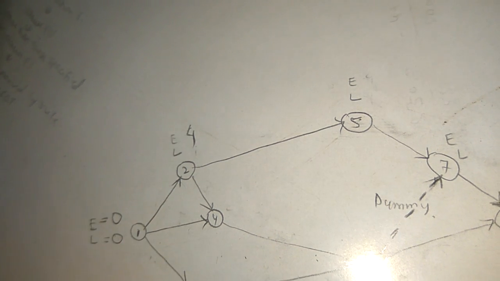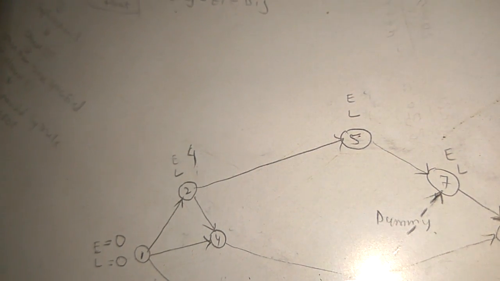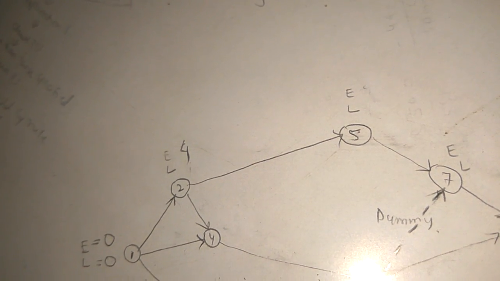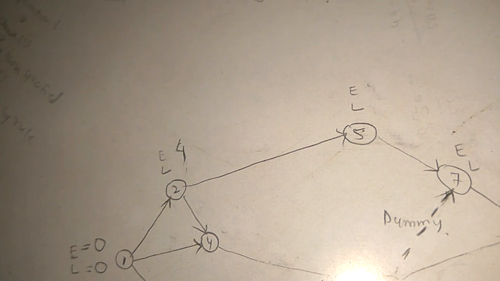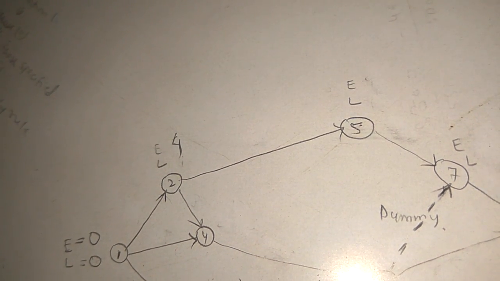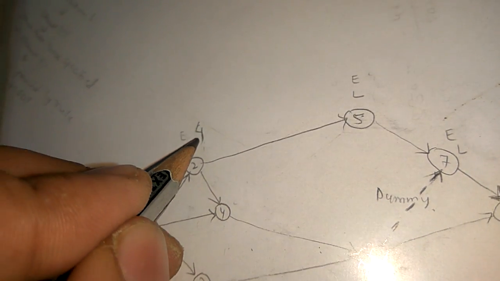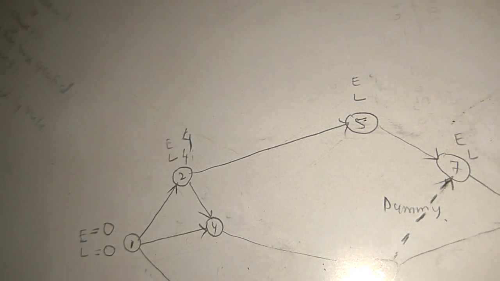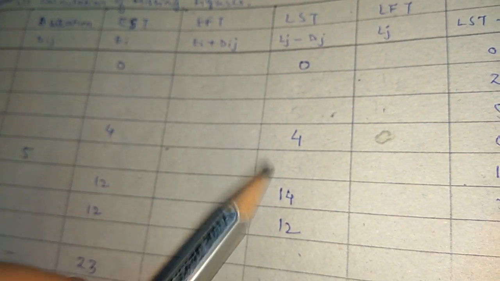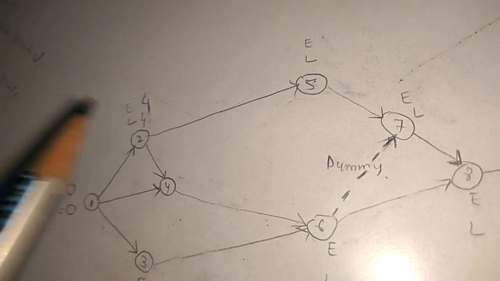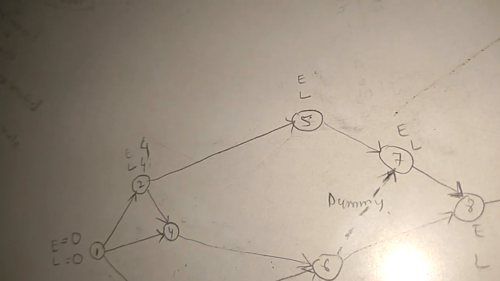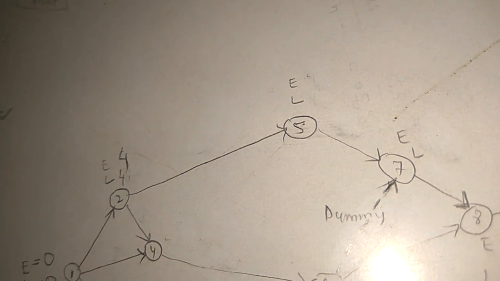LJ minus DIJ means LI. So LI between 2 to 4 is also 4. So this one is complete.